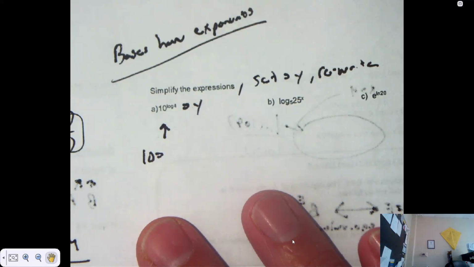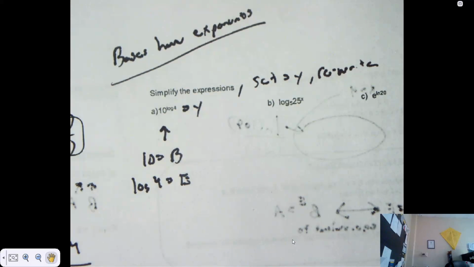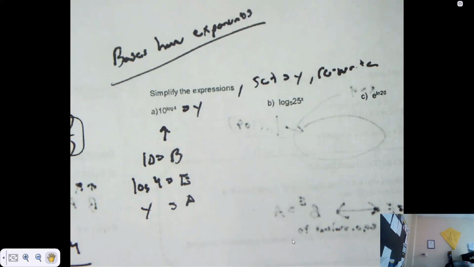Bases have exponents. 10 is a base. What is 10's exponent? Log 4 is an exponent. And the answer is y. Those are your 3 letters. This is an exponential function that you can rewrite as a logarithm.